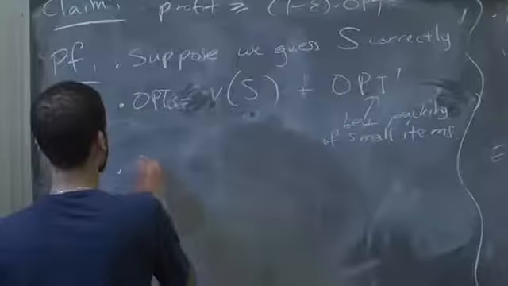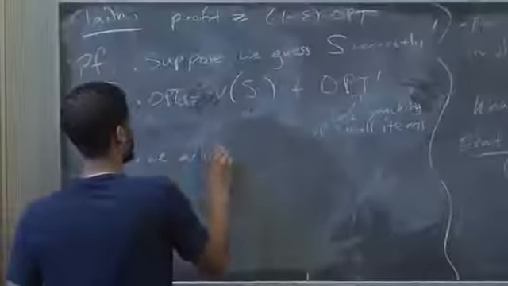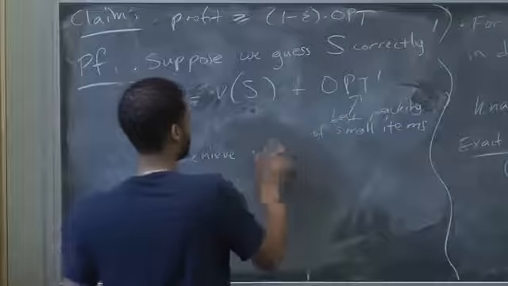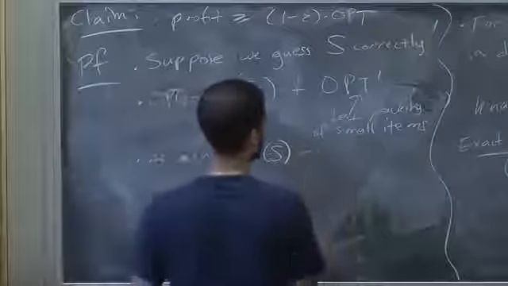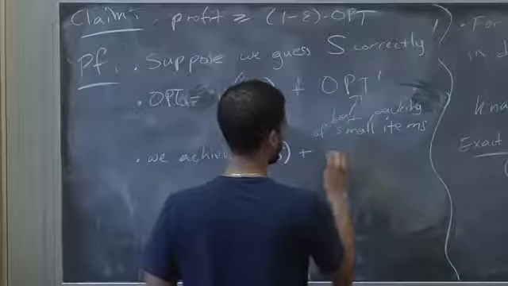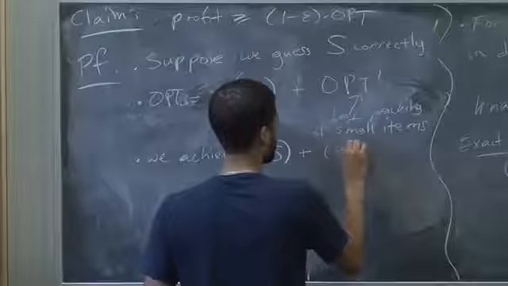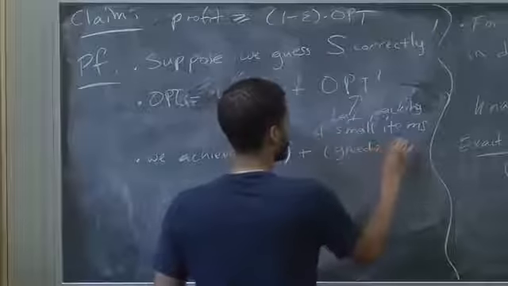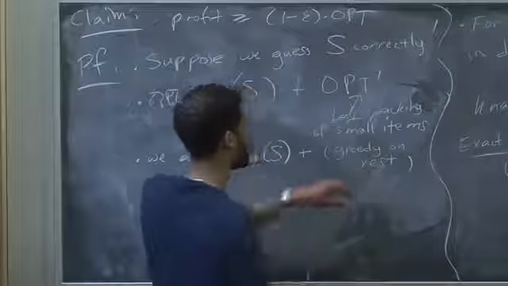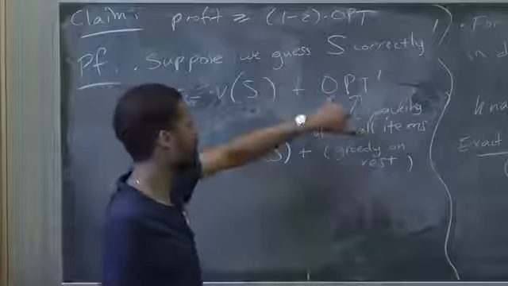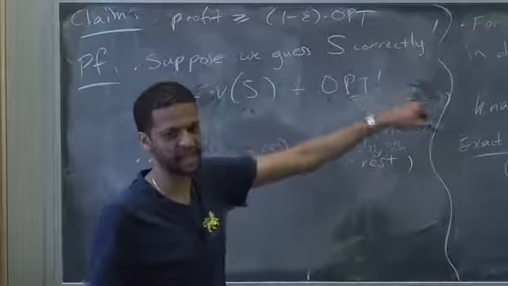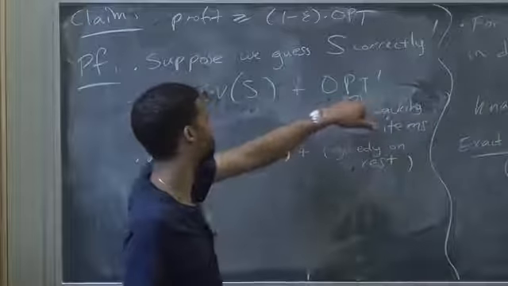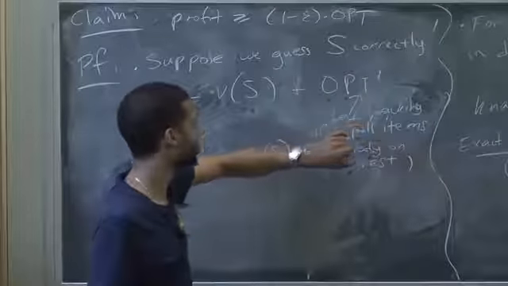We achieve V of S plus what greedy achieves. So we need to show that greedy is at least opt prime minus epsilon of opt, let's say.